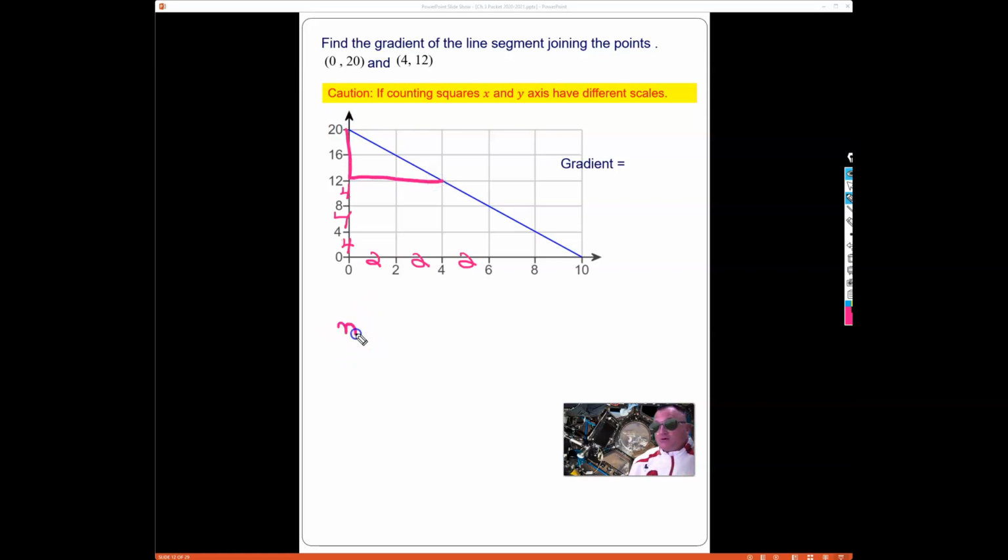So if I was doing my slope by just counting, I'd have -2 over 2, but that 2 down is really 8 down, and the 2 to the right was actually 4. So this would be a slope of -2. Now, if you did it using the formula, then you're fine. You'd get your answer. I'm just pointing out what happens if you count and you don't take into consideration the difference in scale.